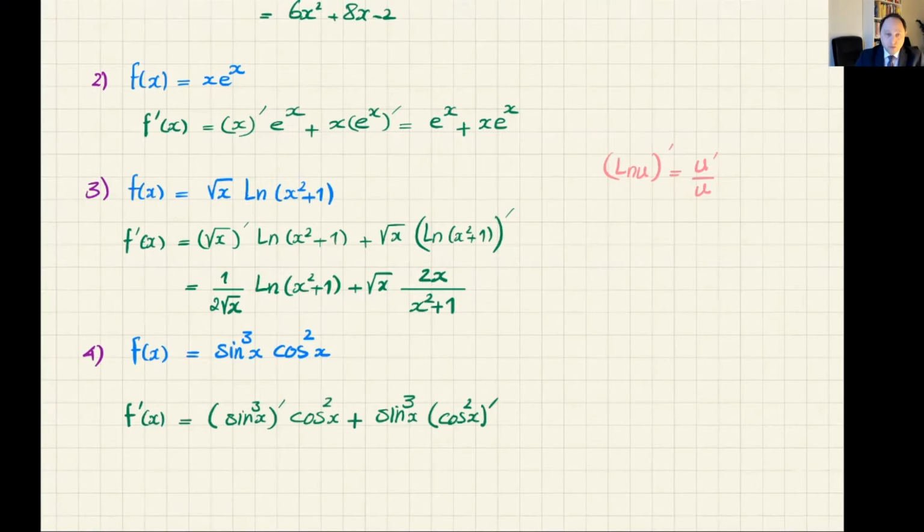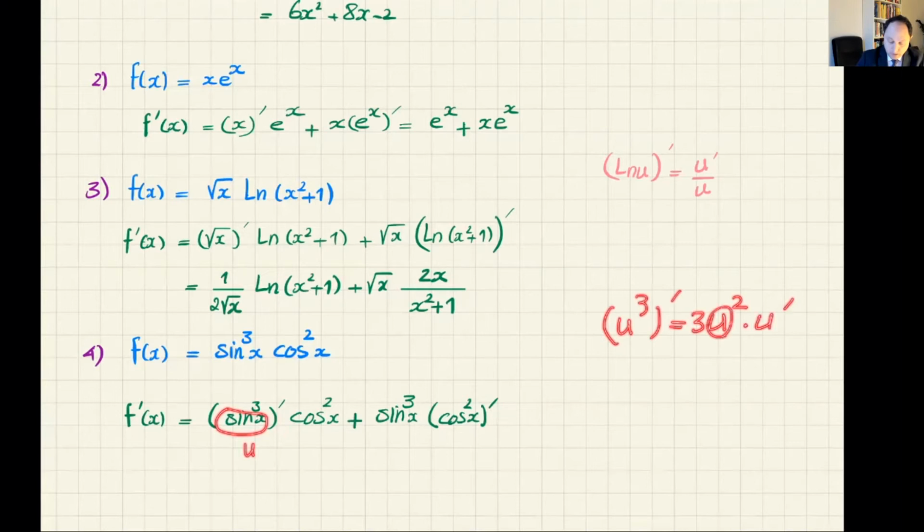This is the new lesson, but what is coming after is just the old lesson. So you need to know how to differentiate this function first. Okay, so you need to take this one in your head to be u. Then you have u to power 3. If you differentiate it, it becomes 3u squared, but you have to multiply by u prime.